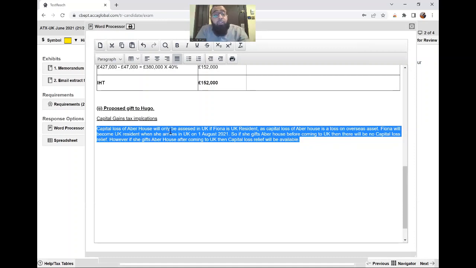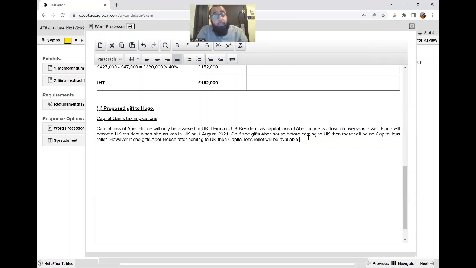Fiona will become UK resident when she arrives in UK on 1st August 2021, through split year, which means on the same date. So if she gifts Aberhouse before coming to UK, there will be no capital loss relief. However, if she gives it after coming to UK, capital loss relief will be available.